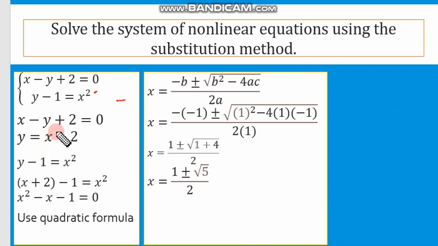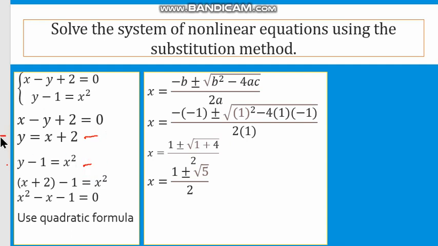So x minus y plus 2 is equal to 0, so y is equal to x plus 2. We're talking about the first equation here. That's for our first equation. The second equation is y minus 1 is equal to x squared.